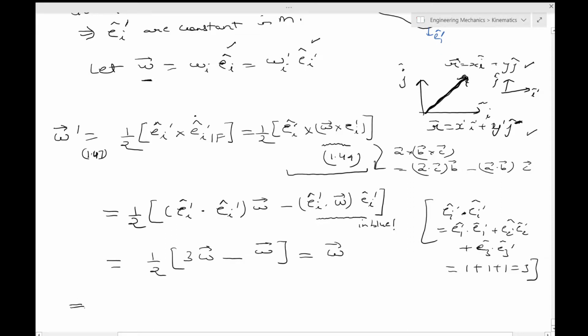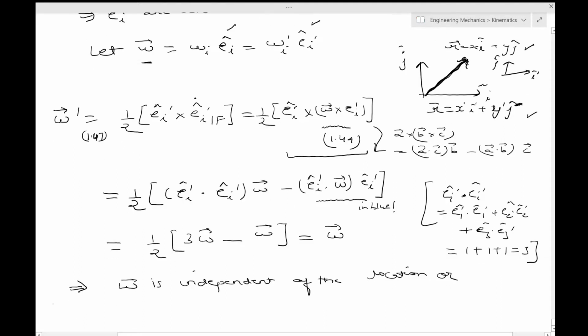This implies that omega is independent of the location or the direction of EI in M. Okay, so that's where the consistency of the definition of omega was being checked.